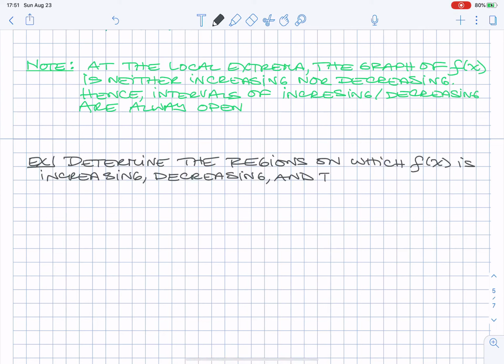And how about the points at which it has any local extrema.